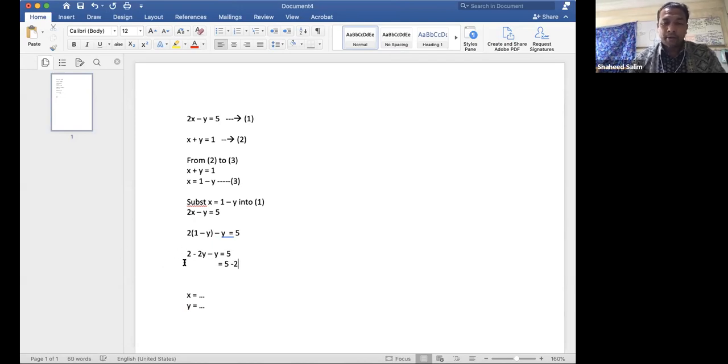Plus 2, I bring over to minus 2. Then this one now, you owe 2y, you owe 1y. Altogether, you owe 3y. We simplify it: minus 3y equals 3. 5 minus 2 is 3.